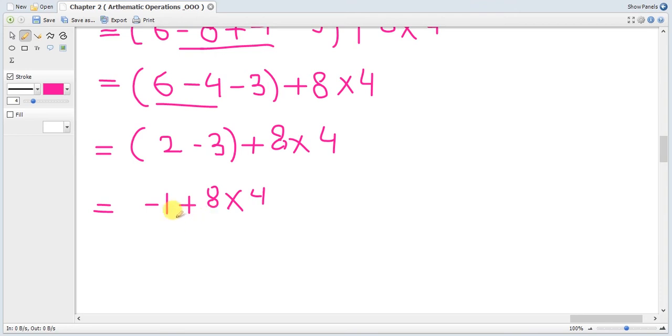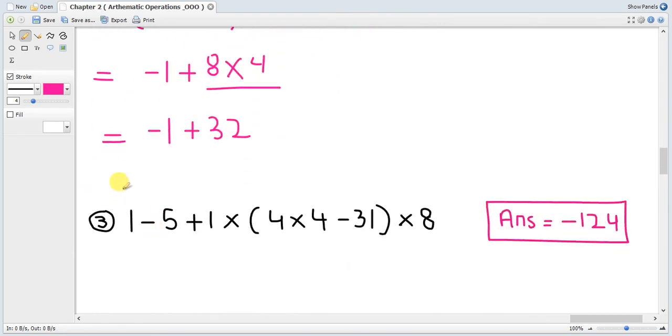Which operator should we solve first? We solve multiplication first according to the BEDMAS or PEDMAS rule. So write minus 1 plus as it is, and 8 times 4 is 32. Then negative 1 plus 32 will give us 31.